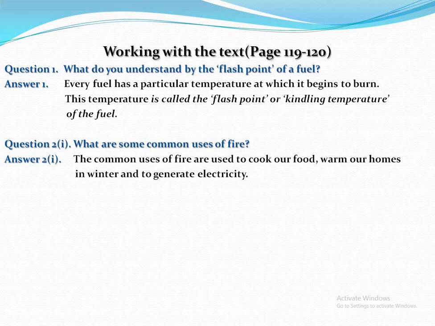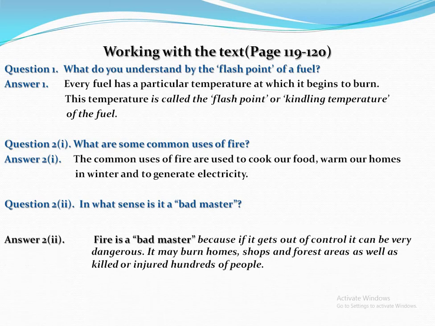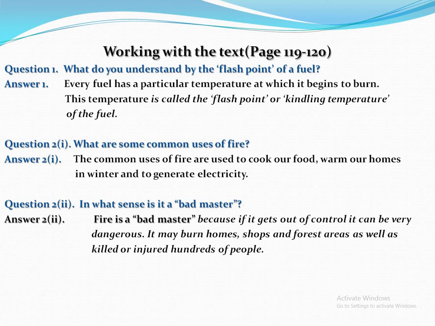Now the second part of this question is in what sense is it a bad master? The answer of this question is fire is a bad master because if it gets out of control, it can be very dangerous. It may burn homes, shops and forest areas as well as killed or injured hundreds of people.